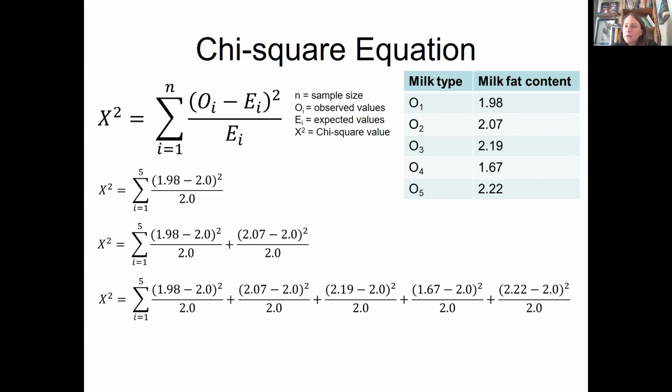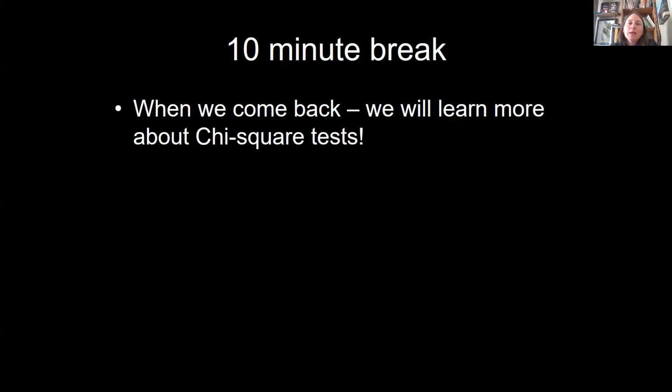If we do all the math and add all these things up like the summation is asking us to, we get a value of chi squared equals 0.0994. I want you to hold on to that number in your head or write it down, and we're going to learn about what that chi-square value means after a break. Okay, please take a 10-minute break, and when we come back, we're going to learn more about chi-square tests.